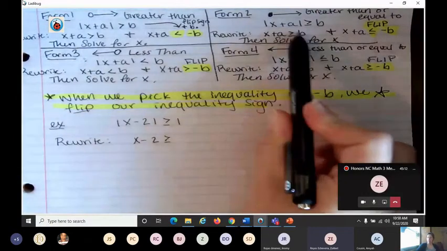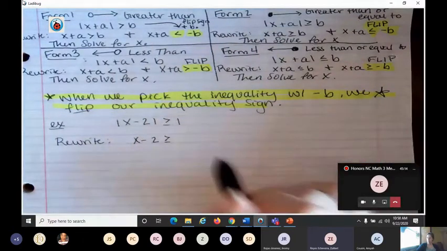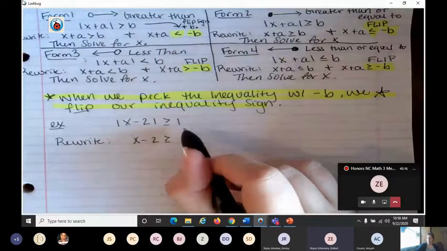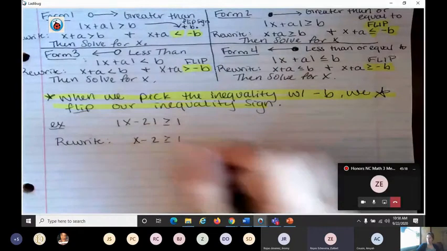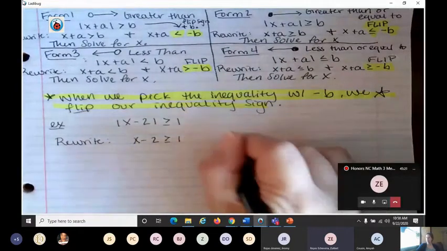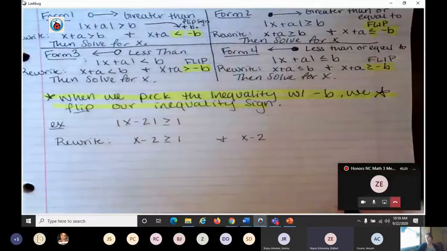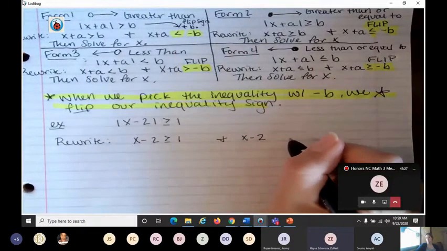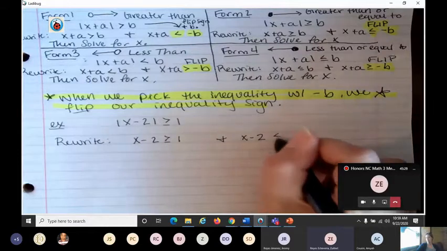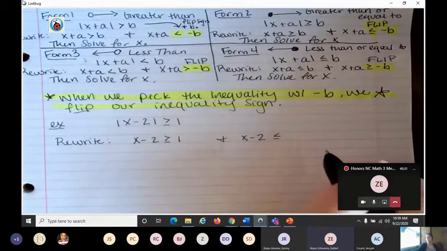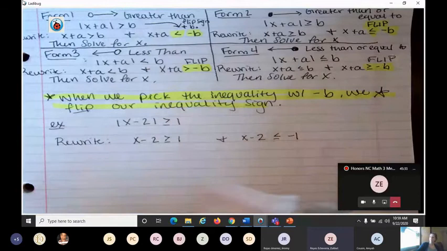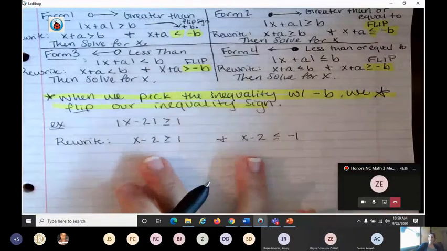Yeah. First one. Okay. And then negative 1. Positive 1, yeah. And then the next one, what will it be? X minus 2 less than or equal to negative 1. Yeah, perfect. Good job. So we split it up into the 2 different inequalities.